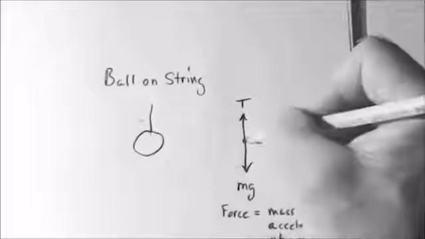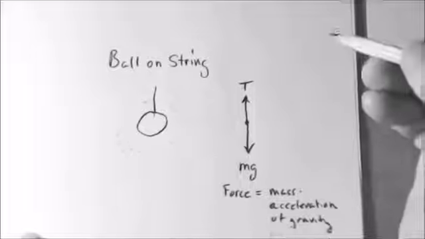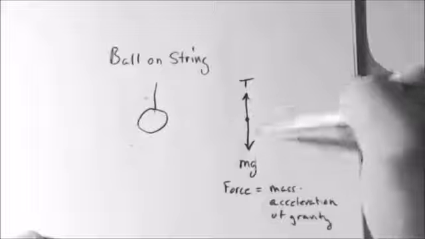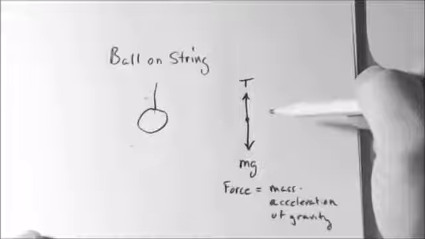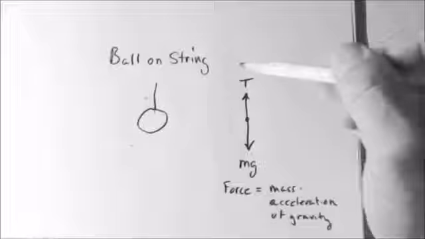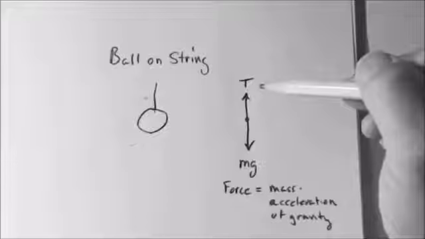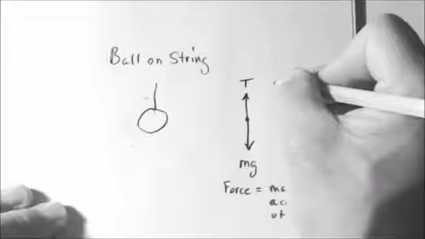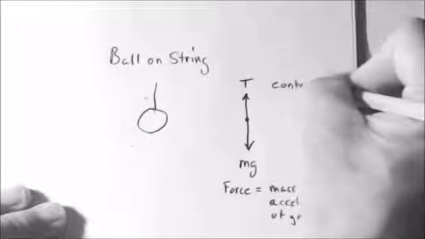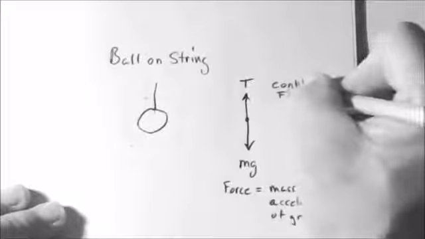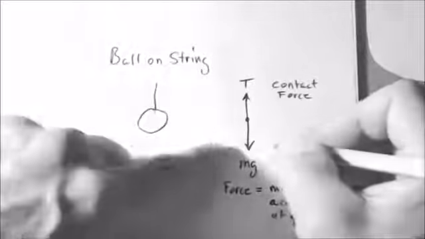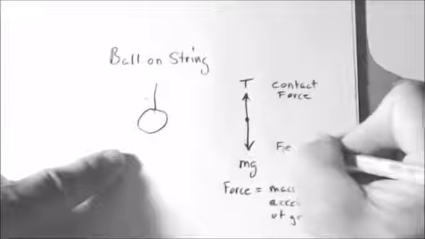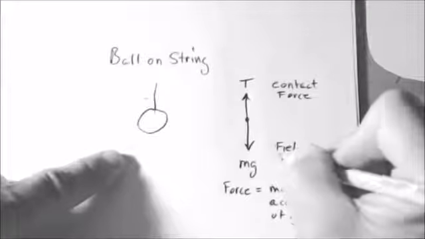All right. Now, if this ball is just sitting there, then those forces have to be equal. Right? So this brings up another good point: this tension is a contact force, and this non-contact force is something that we call a field force, F-I-E-L-D force.